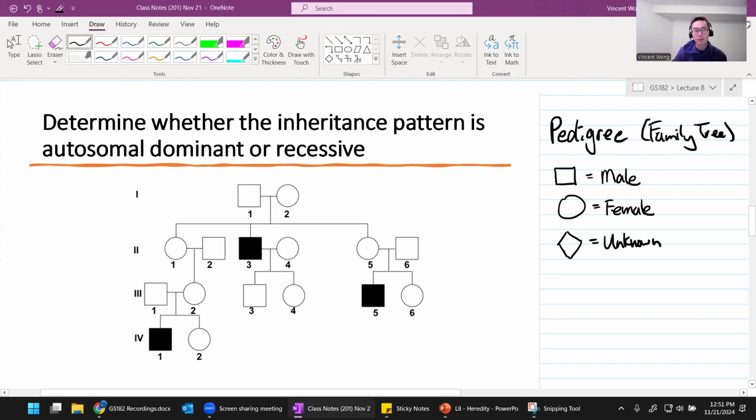Right? So if a mother is carrying a baby and they don't know whether it's a boy or girl yet, and you want to represent that on a pedigree, you use diamond.